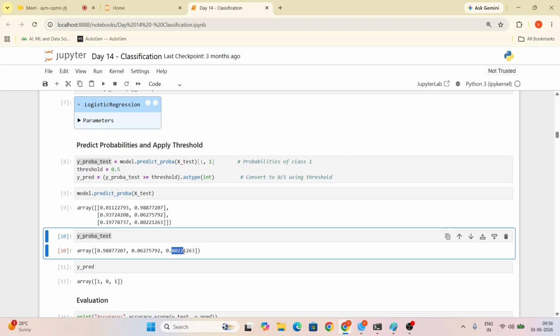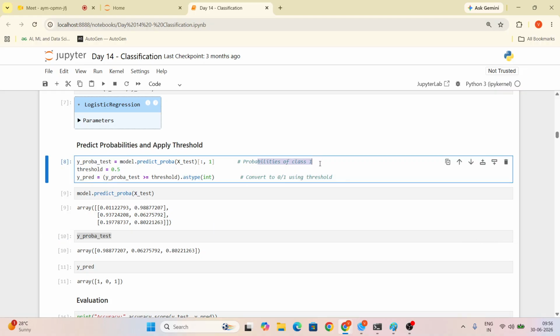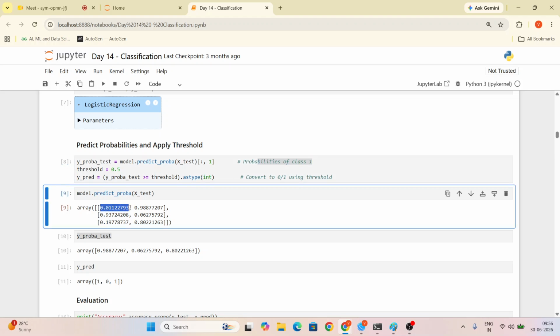So the data that we need to consider in that is a 3 by 2 matrix, probability after class. 0.98 means 98 percentage. He is a pass person, correct? This is the zeroth class.